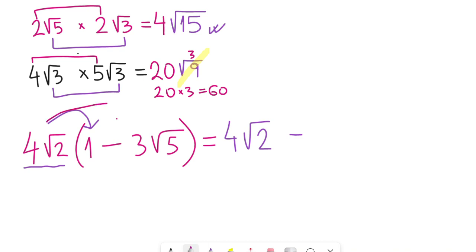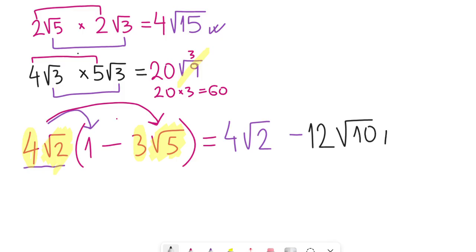Now we multiply this by this. Number times number, 4 times 3 is 12. And then radical 2 multiplied by radical 5 is radical 10. That's it. We are done.